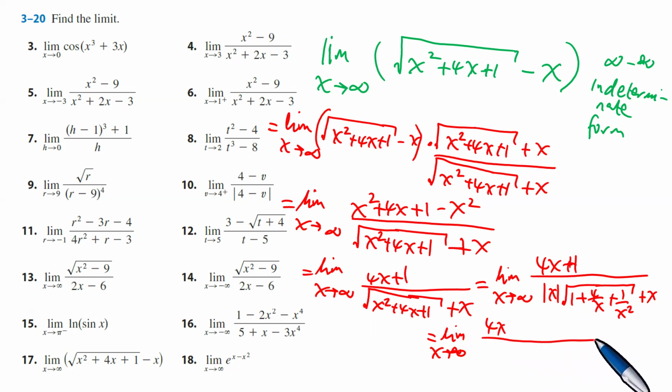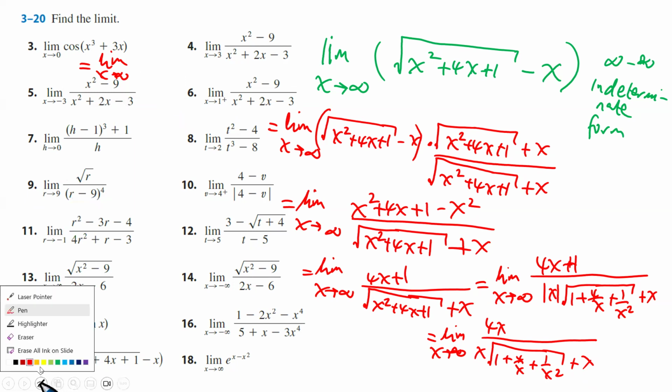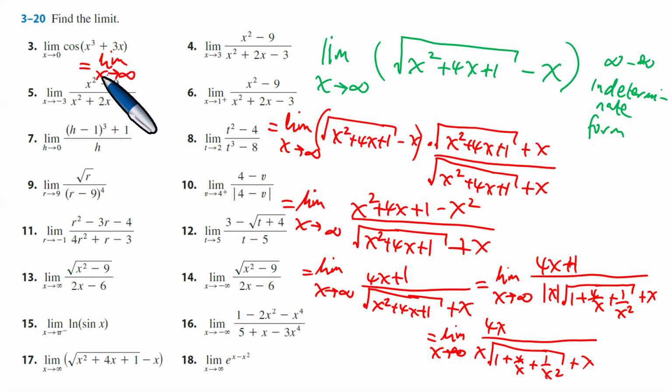Right, and then we have 4x divided by, okay, as x approaches infinity, the modulus of a positive number is just x. If x is positive as x approaches infinity, the denominator is x times the square root of 1 plus 4 over x plus 1 over x squared, plus 1.